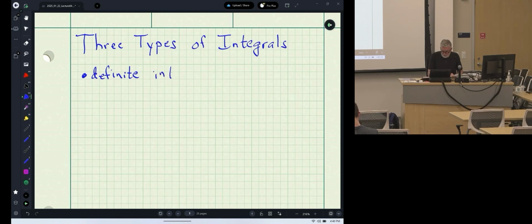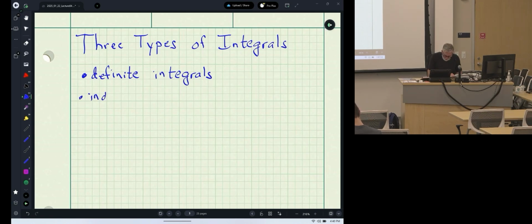We're going to learn about definite integrals. These are integrals where the initial point is a fixed number and the final point for the area is a fixed number.